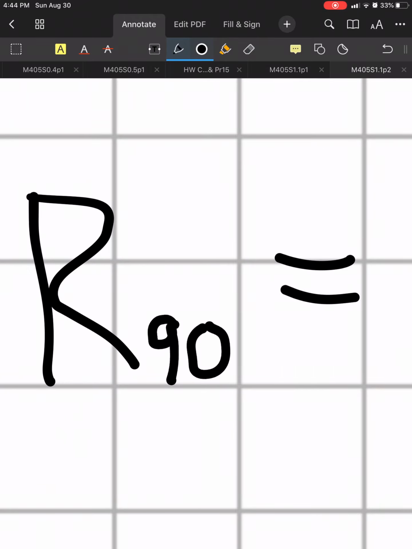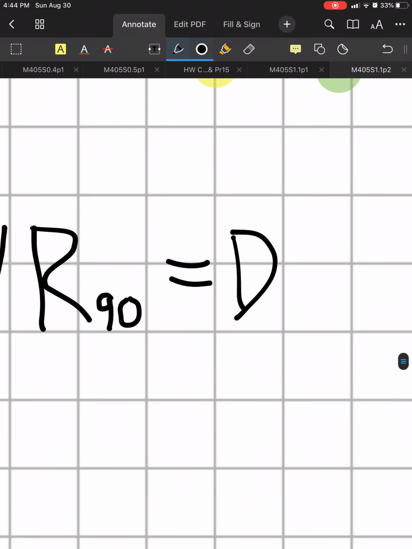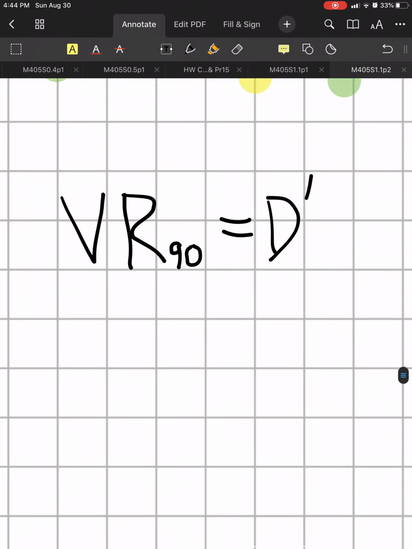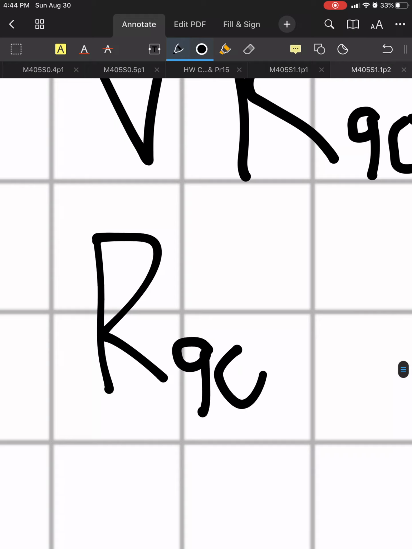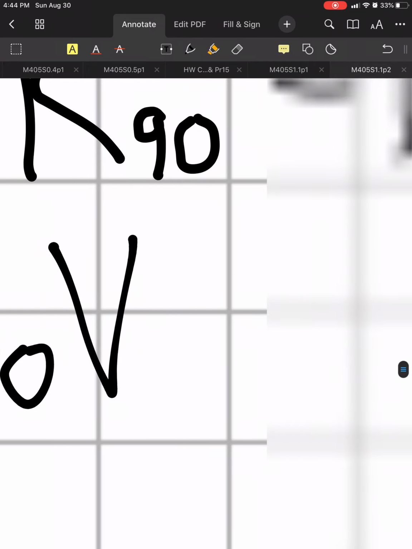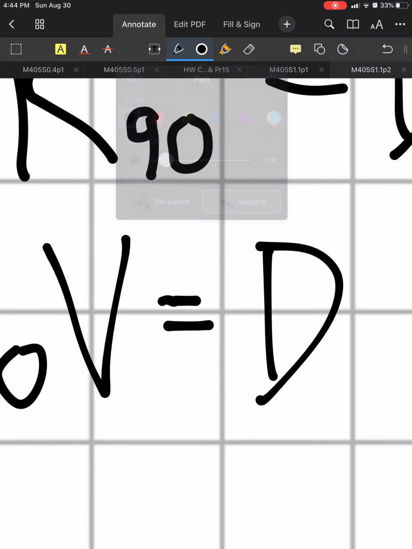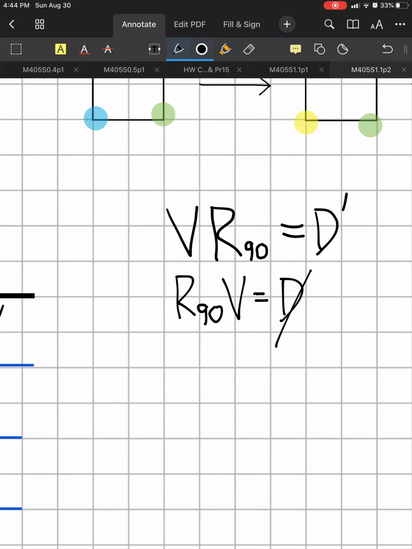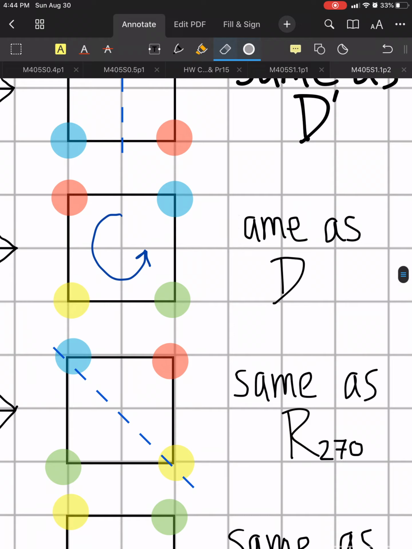That would be weird. All right, so here, V R90, this is D prime. On the other hand, we saw R90V was D, right? So they're kind of backwards from the way you would think that they would be.